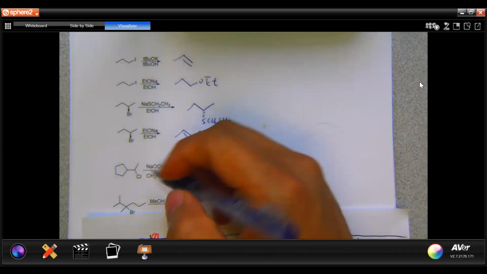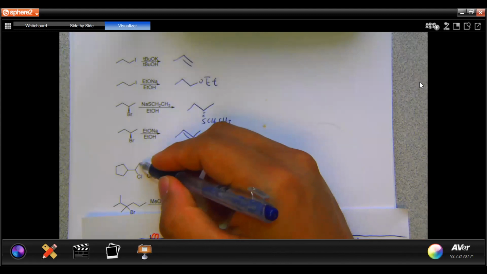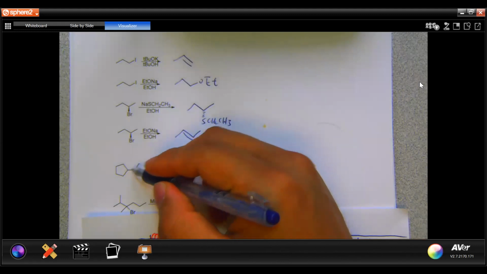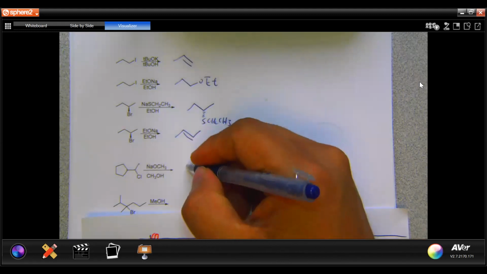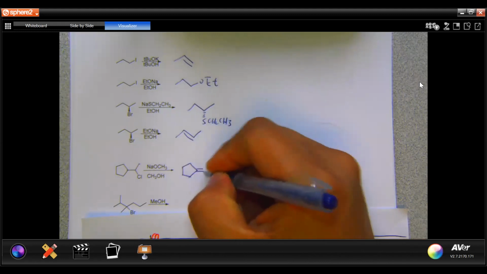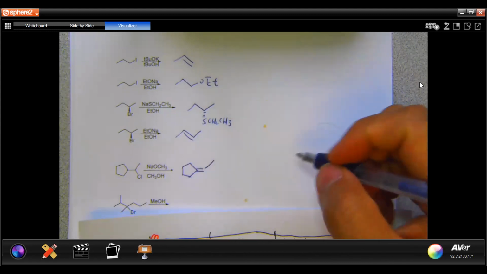Just make sure there are two beta hydrogens, so you put the double bond between the alpha carbon and the beta carbon, and we follow Zaitsev.